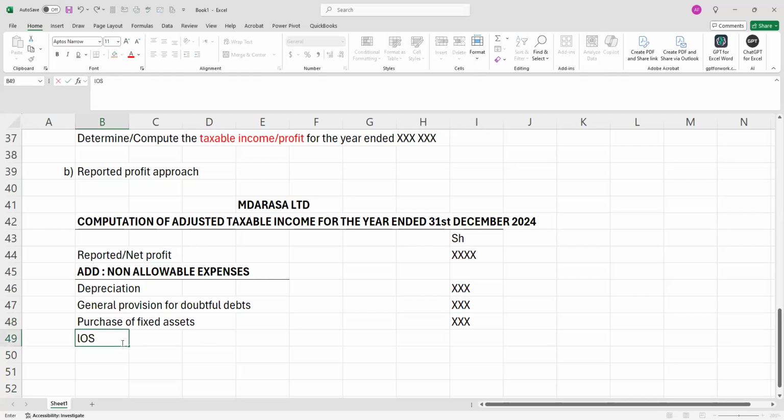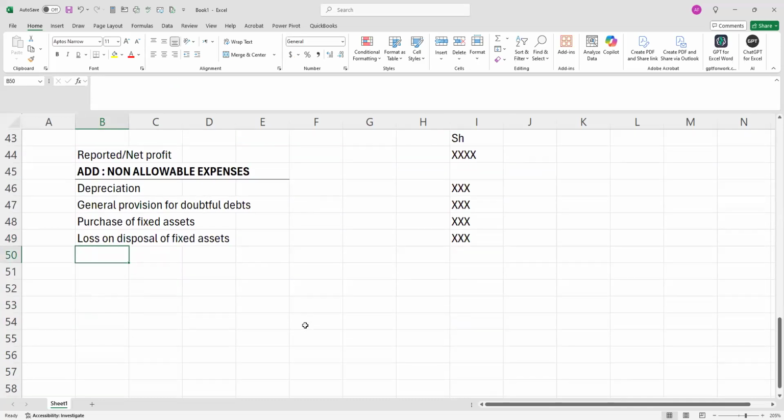We have loss on disposal of fixed assets. Consider expenses that we've incurred as a result of our negligence, fines and penalties, say like legal costs in relation to breach of contract.